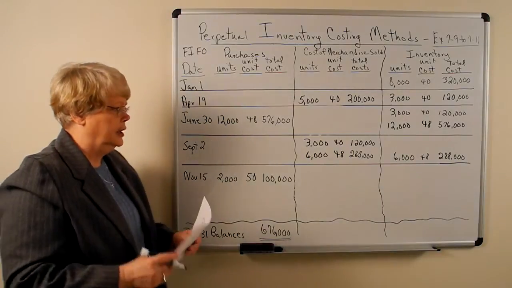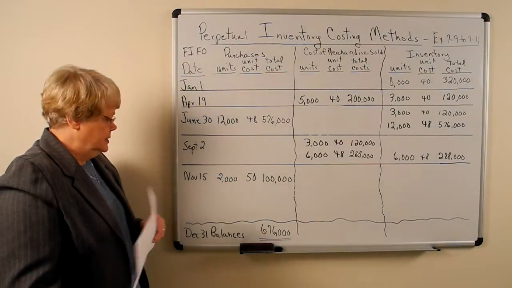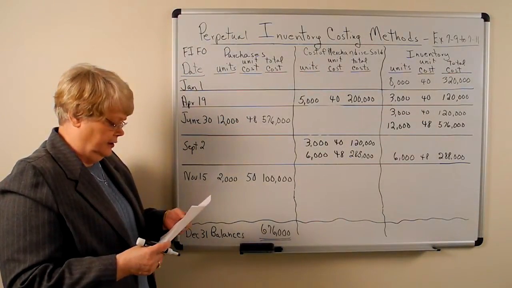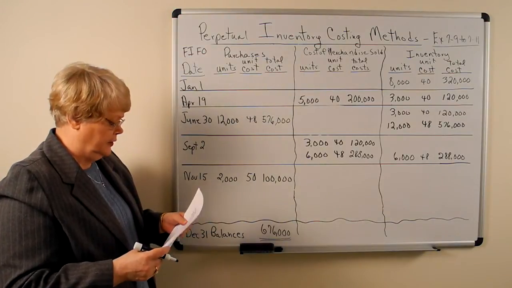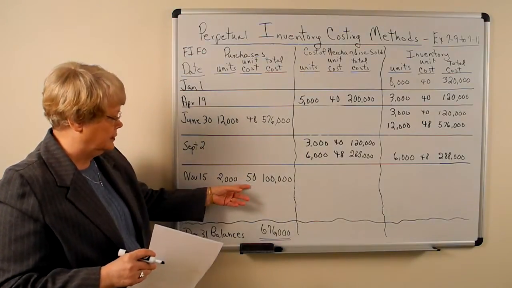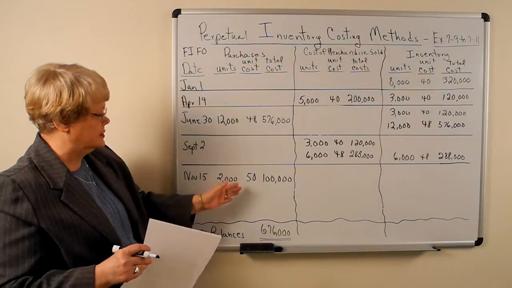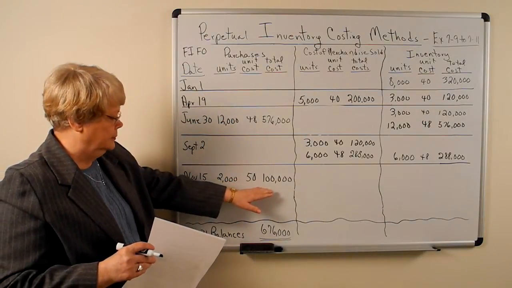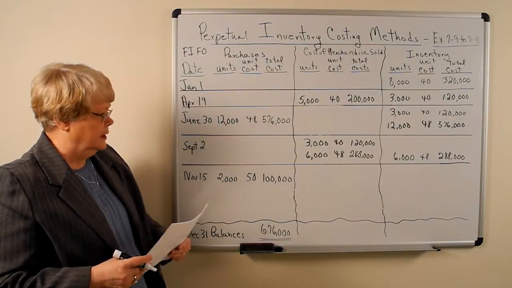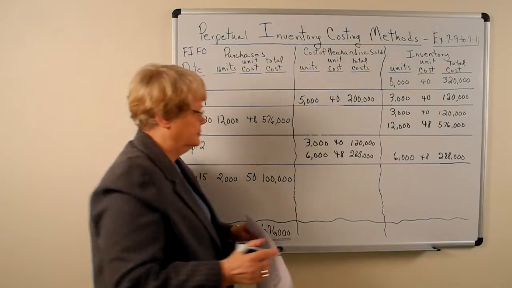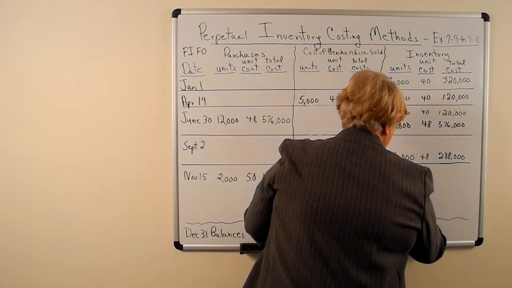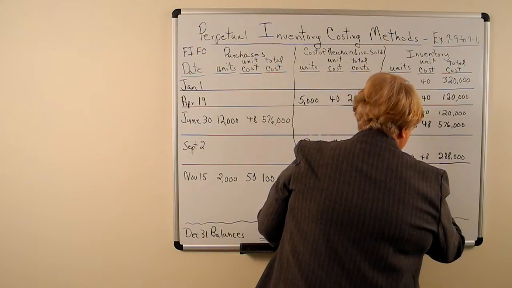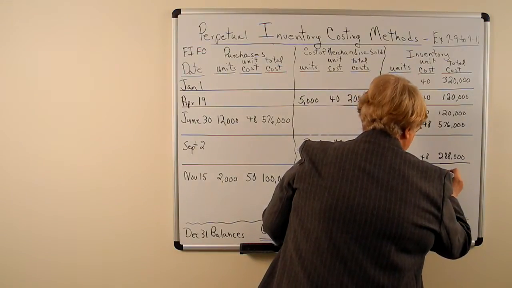Okay? The next thing that happens on November the 15th, we had a purchase of 2,000 units at $50. You can see that the cost is going up, and that would be 100,000. So we still have the 6,000. So we're going to add that over here at 48, 288,000.